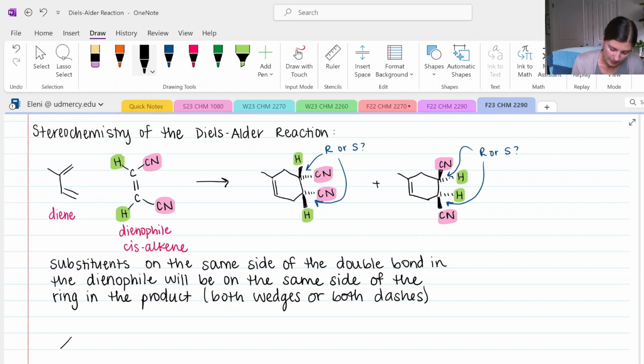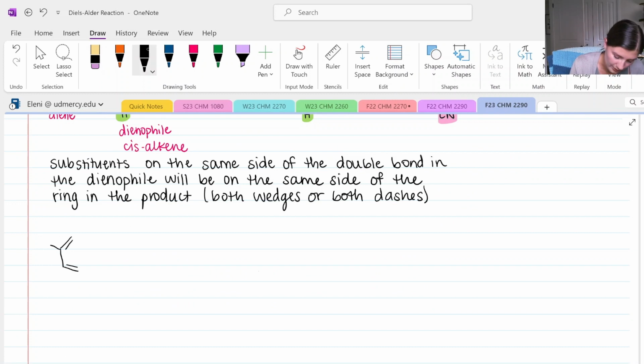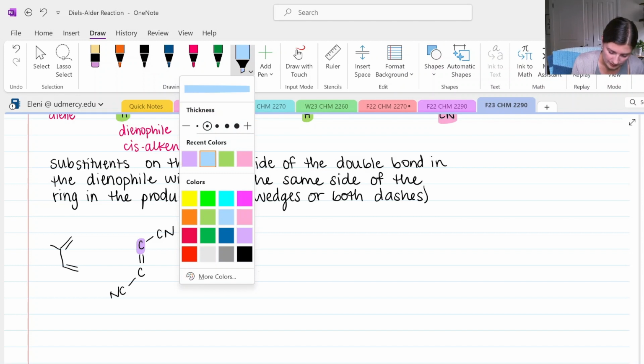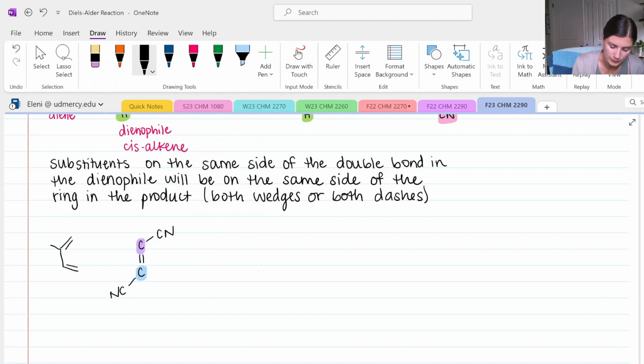Just to show the other possibility for very similar reagents, we'll keep the diene the same, but for the dienophile, we'll have the nitrile group on one side for, we'll say, the top carbon. I'll highlight that one in purple. And the nitrile group on the other side for the bottom carbon, which I'll go ahead and highlight in blue.